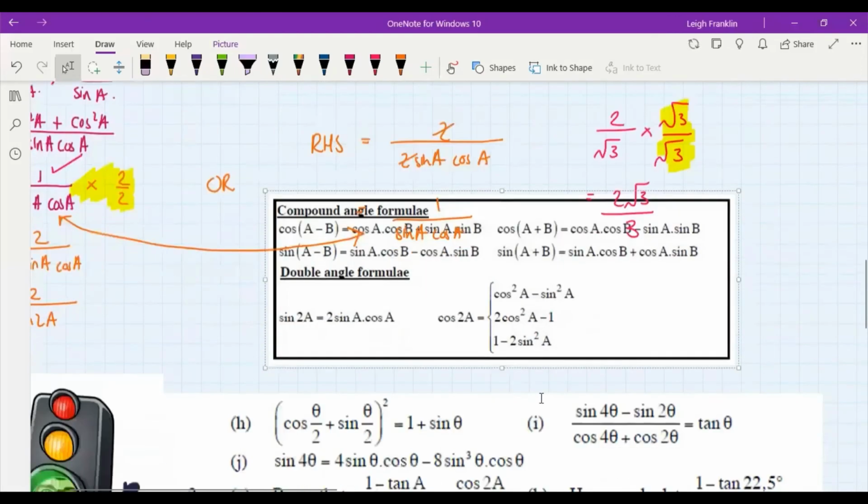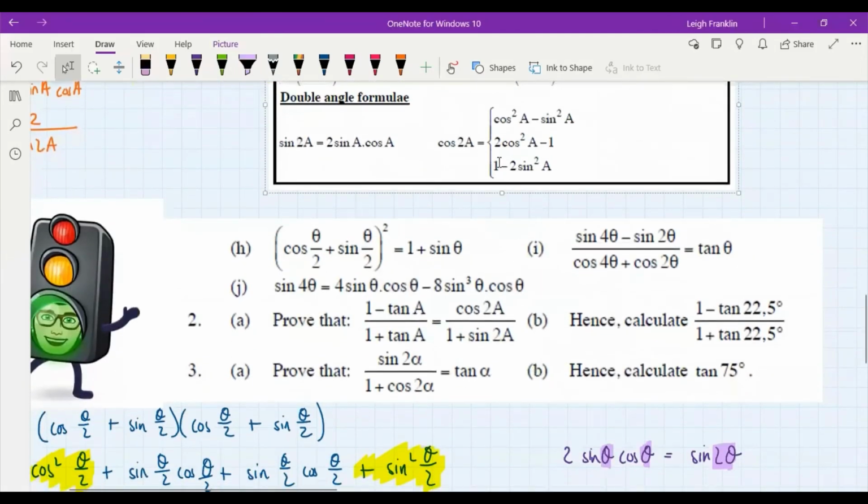Let me just drag it down here. There we go.